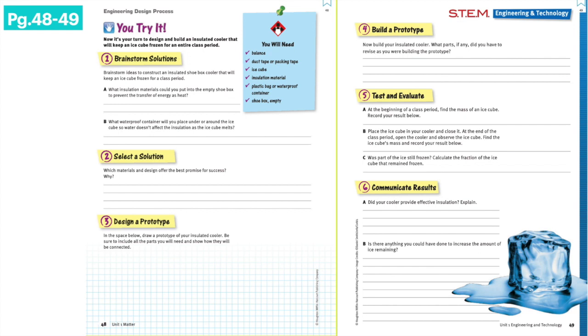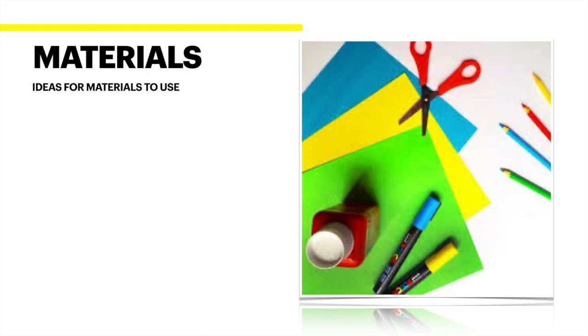If hardly anything melted, I would say 95% of my ice cube is still frozen. So just write down an estimate, a guess, for that. And then you need to fill out number 6, communicate results. So you're going to write it in your book, and then on Schoology, there's going to be a discussion post where you share your information there too. You have to communicate your results.